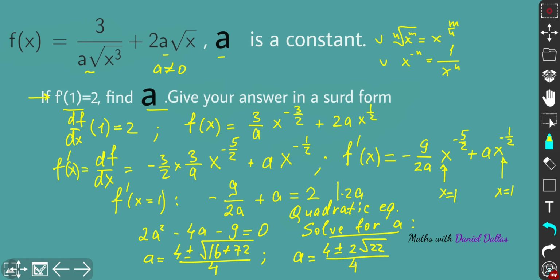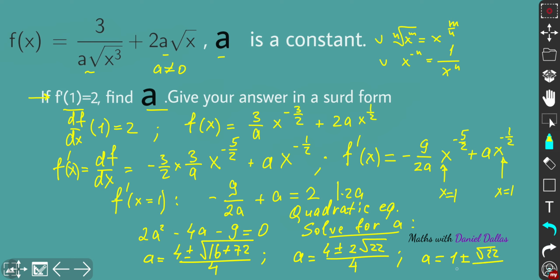Okay, on top of that, there is nothing to do with the square root of 22, so that's why all of these a's are eligible for us. So let's divide partially by 4, so we'll get 1 plus minus square root of 22 over 2.